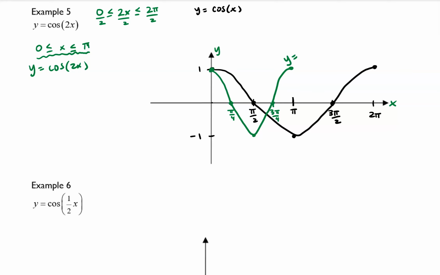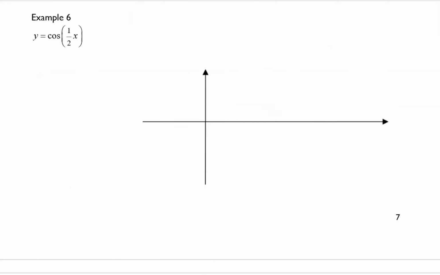So again, the green graph is y equals cosine of 2x, and the black graph is y equals cosine of x for reference.